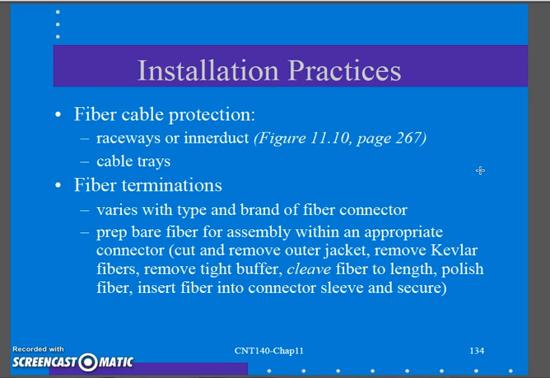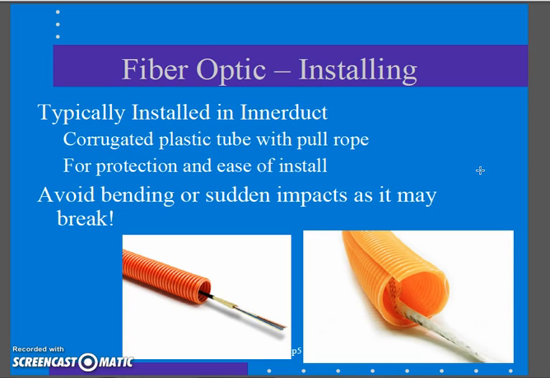When I'm installing fiber, as we mentioned before, I'm going to install it into interduct or raceway, some kind of cable tray to support it. And here is some interduct. I've used these pictures before. It kind of reminds you of an orange swimming pool hose. And when you buy it, you typically get it with a rope already in place.